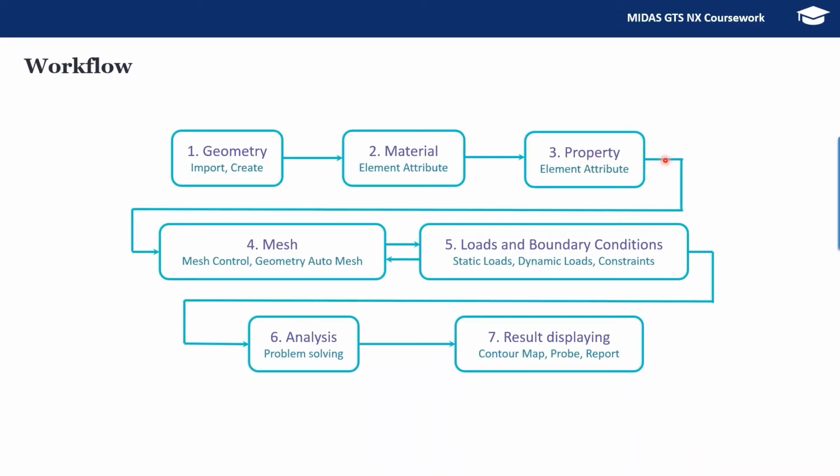Hence, the property is plane strain property. Then we'll mesh the geometry by applying some properties, and then loads and boundary conditions are to be assigned. Then we are going to run the analysis by making construction stages, and then we'll run the analysis to get the results. So this is the basic workflow.